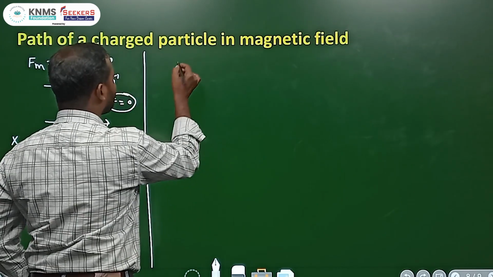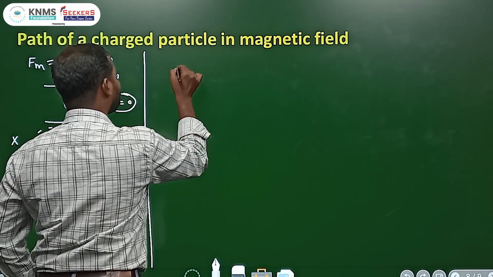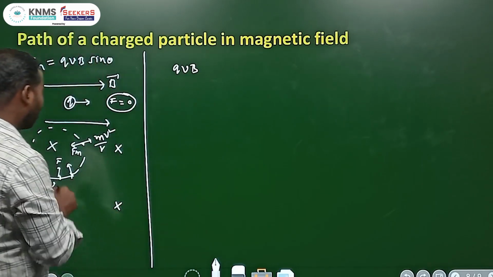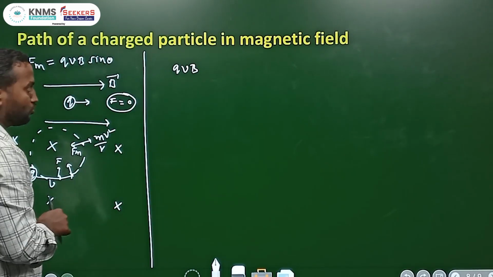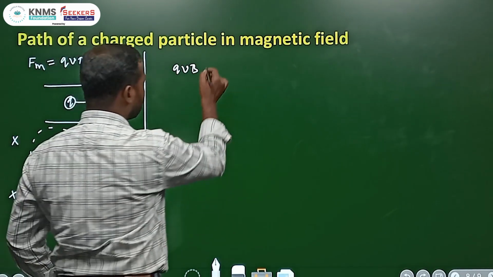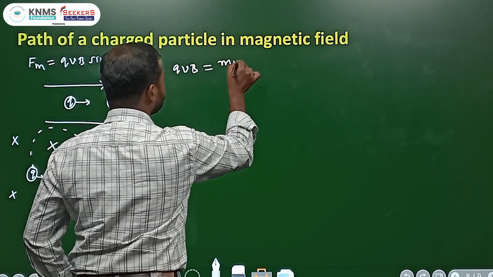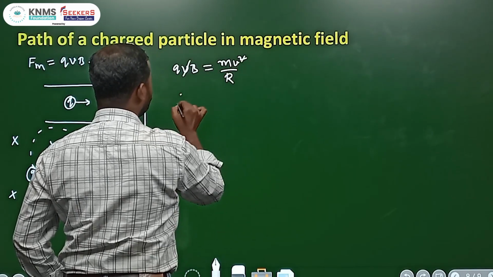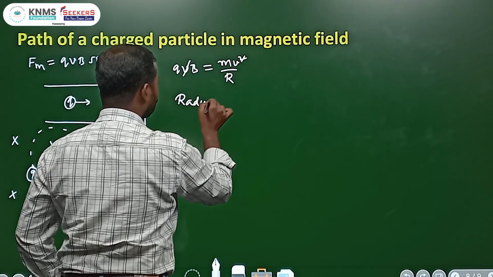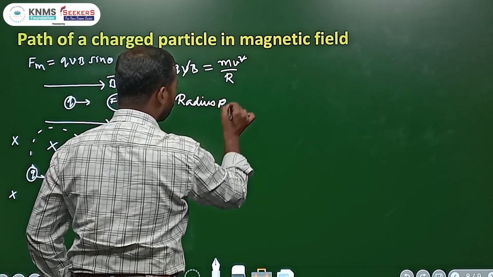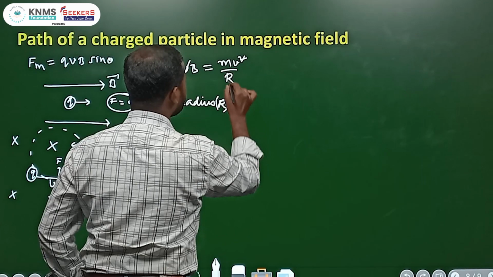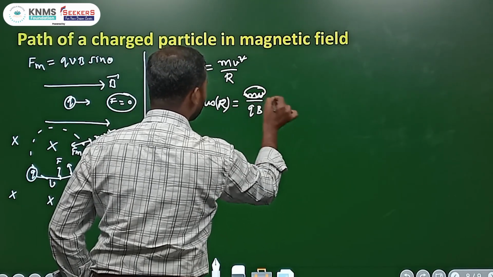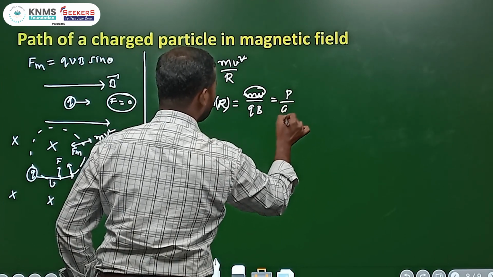The magnetic force is qvB, since I have taken the magnetic field and velocity mutually perpendicular, so sin 90 is 1. qvB equals mv square by r. This v gets cancelled, and the radius r of this circular path is mv by qB, which is nothing but momentum by qB.